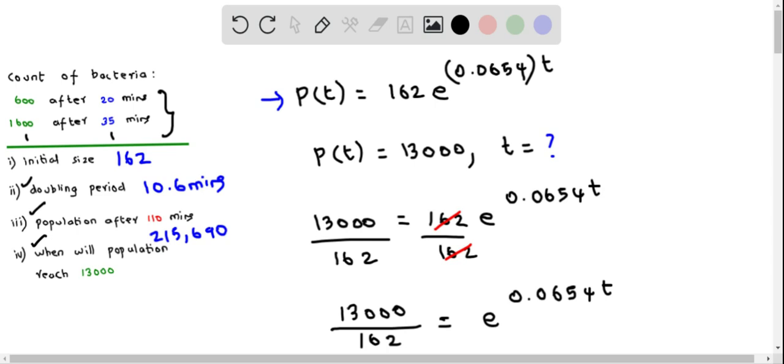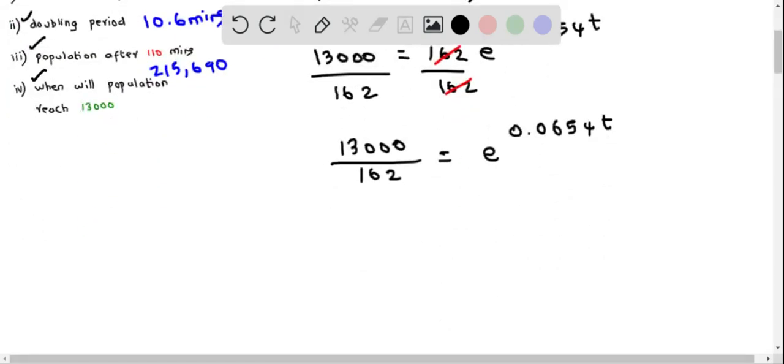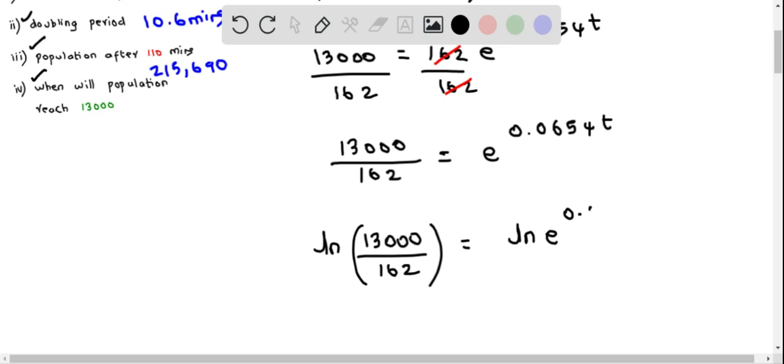0.0654 t. Now to solve for t, we should apply natural logarithm on both sides. So we have natural logarithm of 13,000 over 162, and this equals natural logarithm of e raised to the power of 0.0654 t. Again, we use the power property of natural logarithm so that this could be put in front.